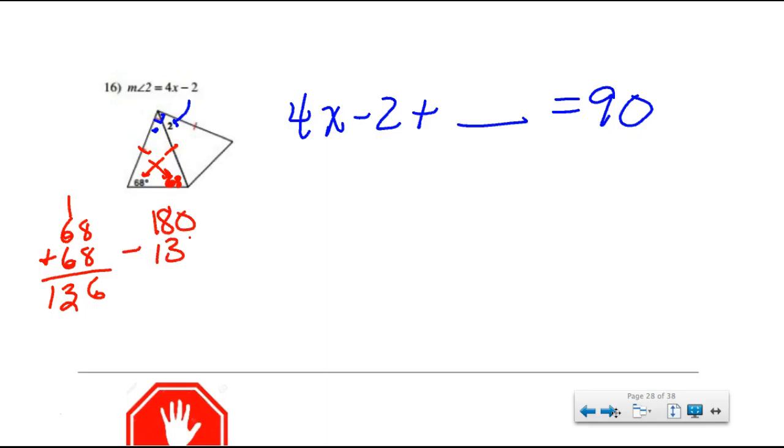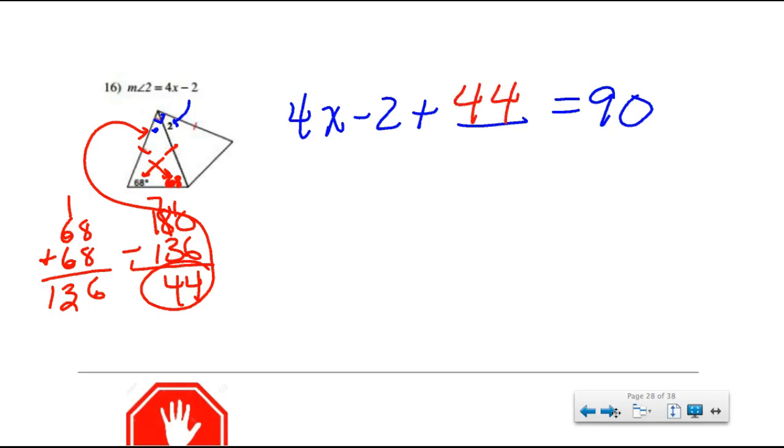So if I remove that 136 from 180, I get 44 degrees up here at the top. Well, I also have a little right angle box up there. So I know that 4x minus 2 plus the 44 degrees has to equal 90.